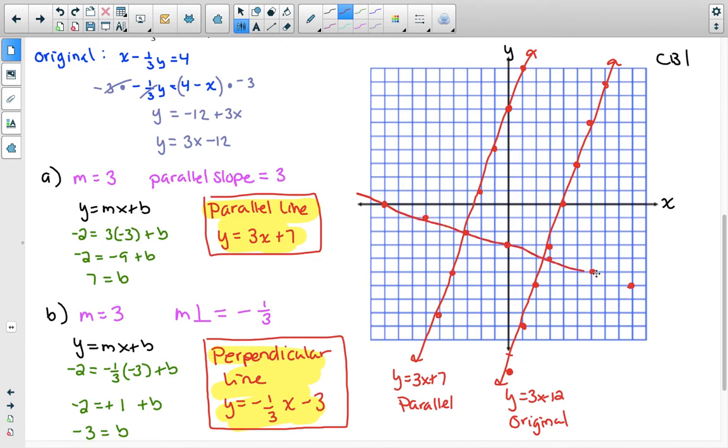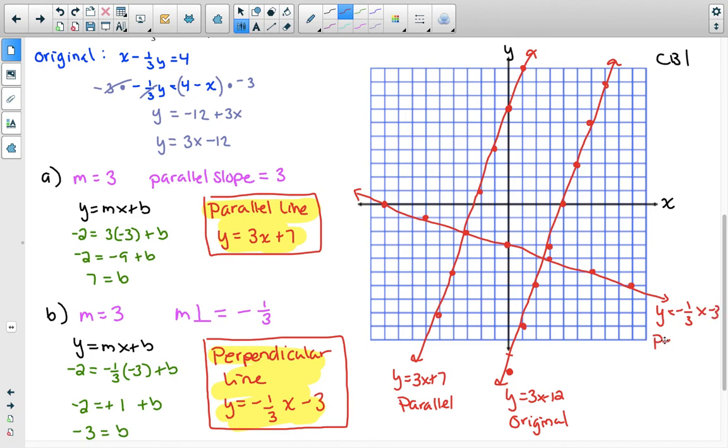And if you notice, this line is perpendicular to both of our lines, the original and A, because the original and A have parallel slopes. So if I am perpendicular to one line, it has to be perpendicular to the other as well. This is y equals negative 1/3 x minus 3.